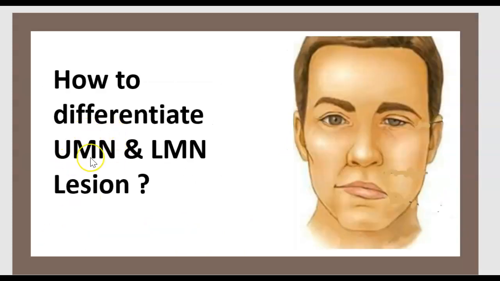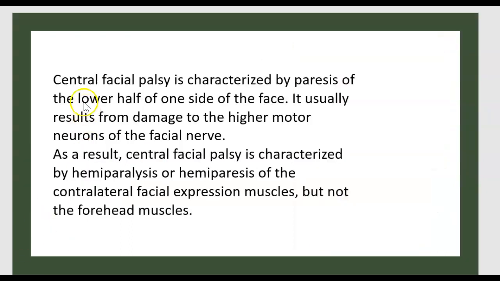How to differentiate upper motor neuron and lower motor neuron lesion. Central facial palsy is characterized by paralysis of the lower half of one side of the face. It usually results from damage to the upper motor neuron of the facial nerve. As a result, central facial palsy is characterized by hemiparalysis or hemiparesis of the contralateral facial expression muscles, but not for the head muscle.